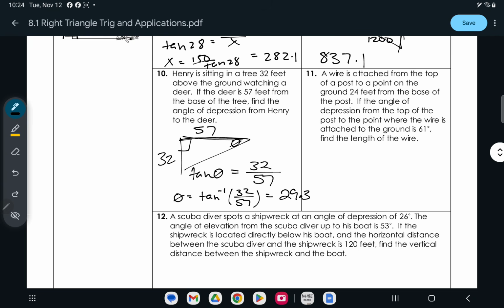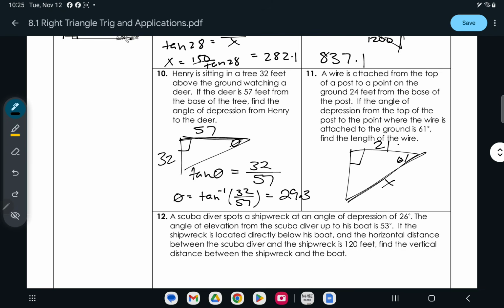A wire is attached from the top of a post to a point on the ground 24 feet away from the base of the post. The angle of depression from the top of the post to the point where the wire is attached is 61. Find the length of the wire. So that's this one right here.